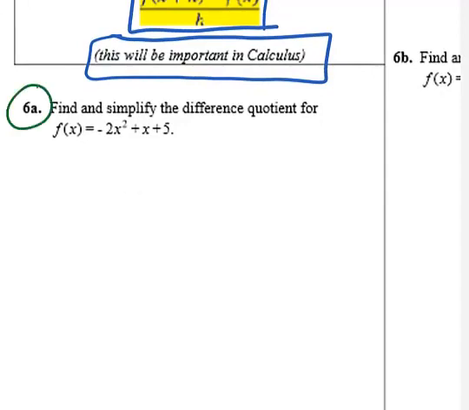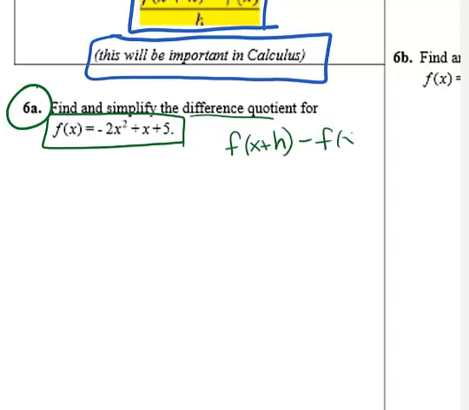So let's see. For this example, 6a, we have a specific function. We have f of x is negative 2x squared plus x plus 5. They want us to calculate the difference quotient, which means they want us to calculate that quantity up there, f of x plus h minus f of x over h. All right, so for me, that's kind of a complicated looking thing.